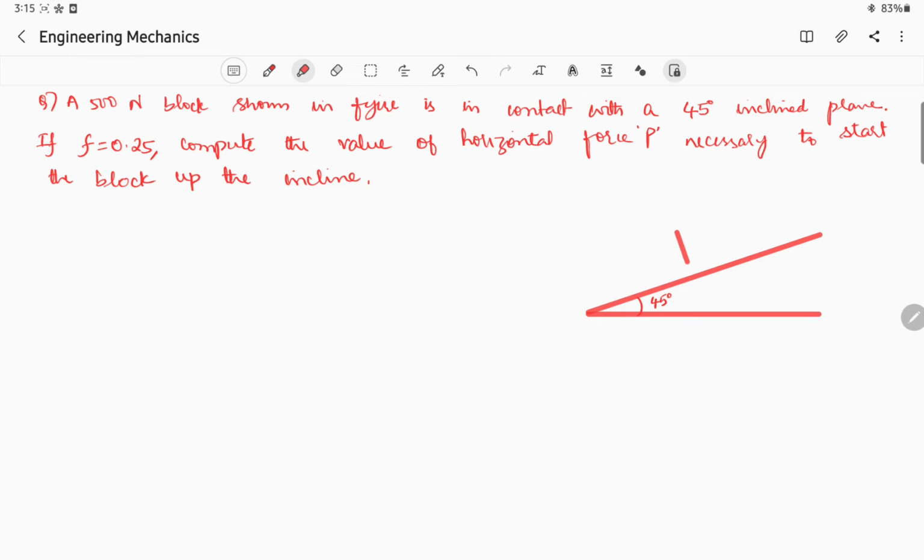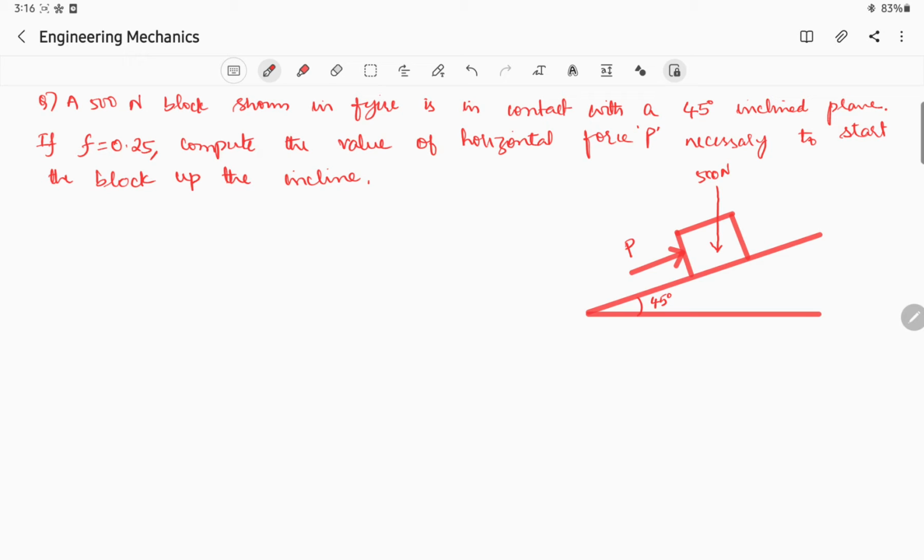This is the block, and this is the force P, required to start the block. So we have one more thing, that is, what is the weight of the block given to us? Weight of the block is given as 500 Newton.